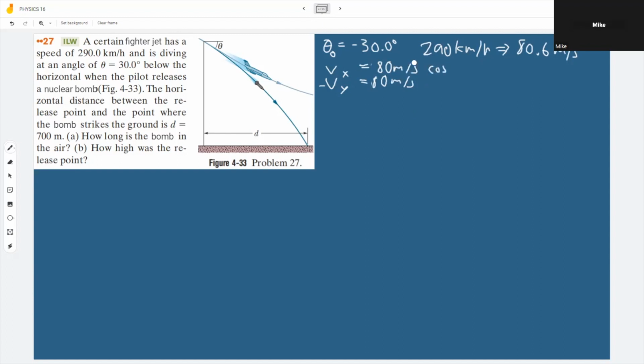Or 80 point, mag 3 figs ka. So 80.6. Tapos naalala mo yung rule na if you're doing a computation that will be used for later, keep more digits.